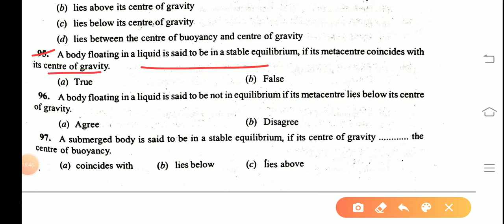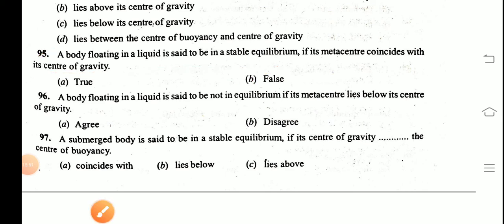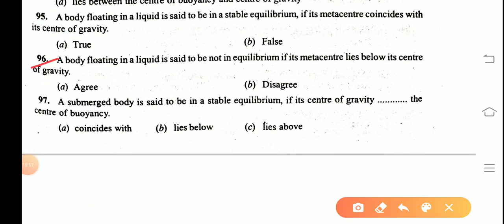True or false? So it is false. It does not coincide. A body floating in a liquid is said to be not in equilibrium if its metacenter lies below its center of gravity. So this is true. Agree. Statement is true.